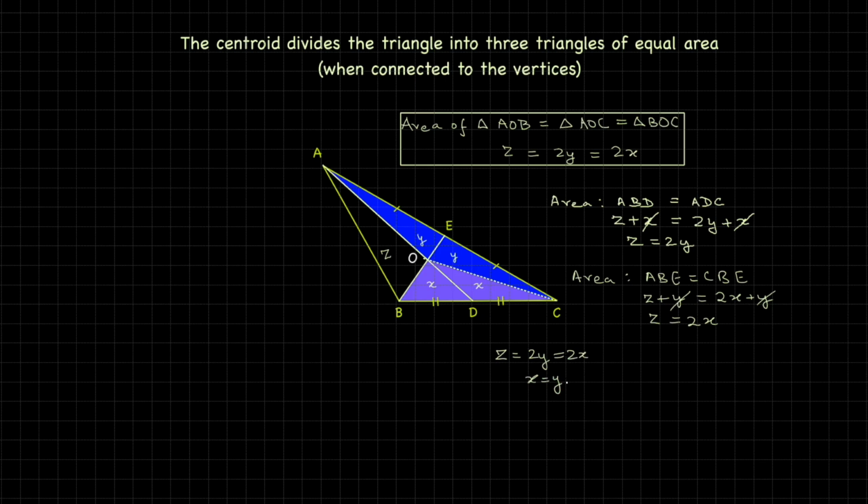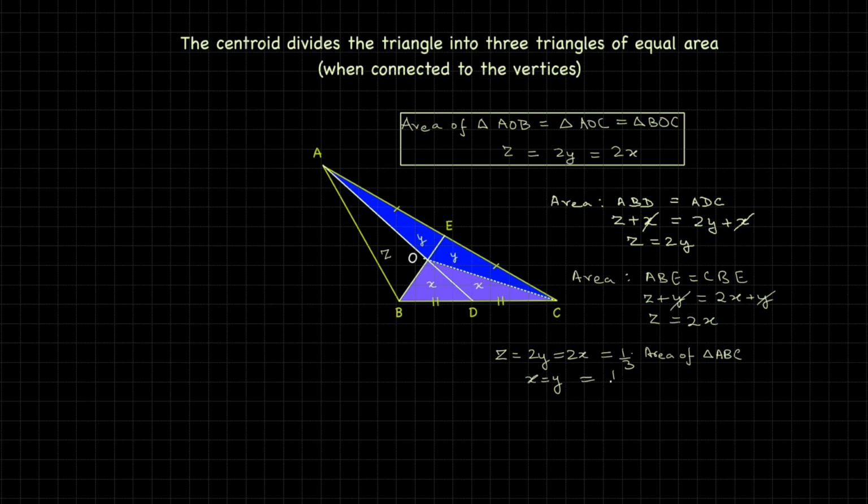And since 2Y is equal to 2X, X equals Y, which means that all four of these colored triangles are actually the same area. Z, 2Y and 2X each represent 1/3 of the total area of triangle ABC because they are all equal partitions.